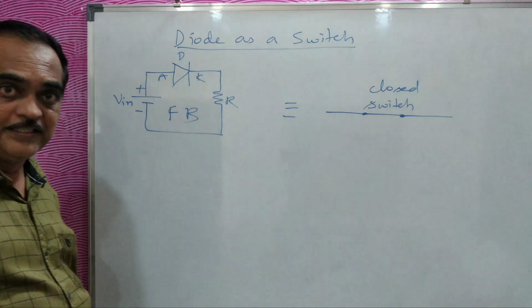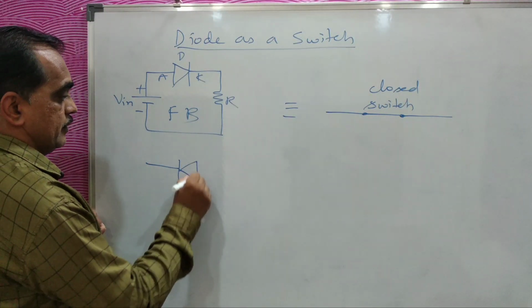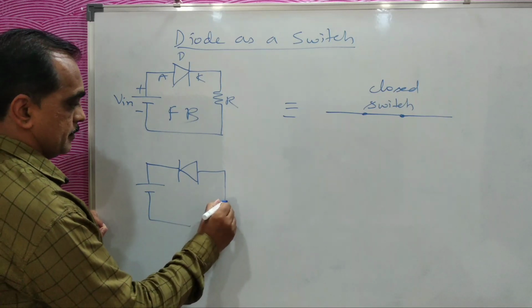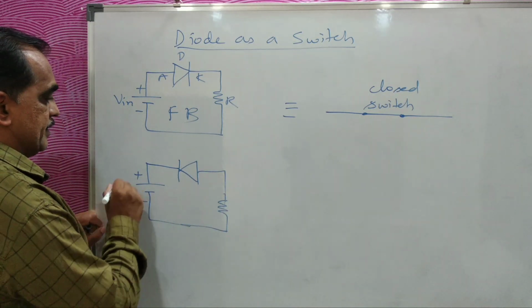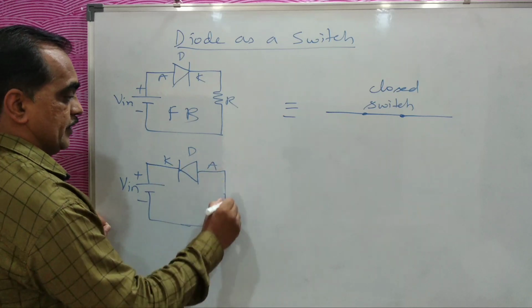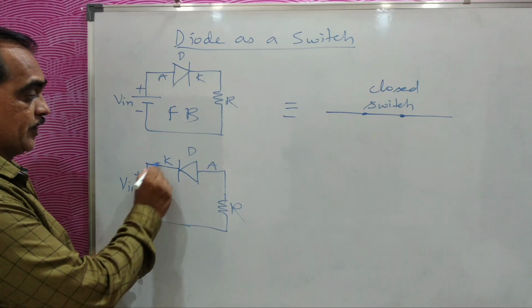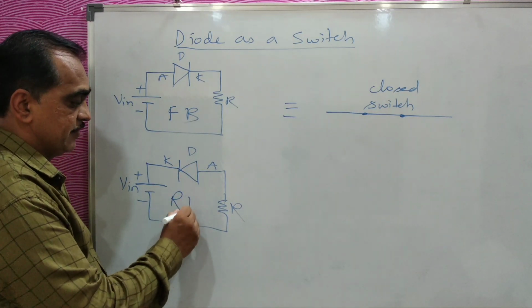Similarly, if you connect the diode as reverse bias, this is plus, this is minus, this is input voltage, this is diode, this is cathode, this is anode, this is resistance R. If positive is connected to the cathode and negative is connected to the anode, then it is reverse biased.